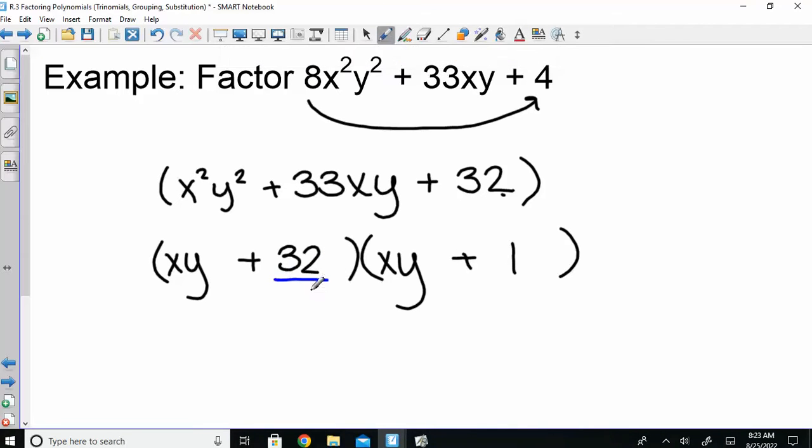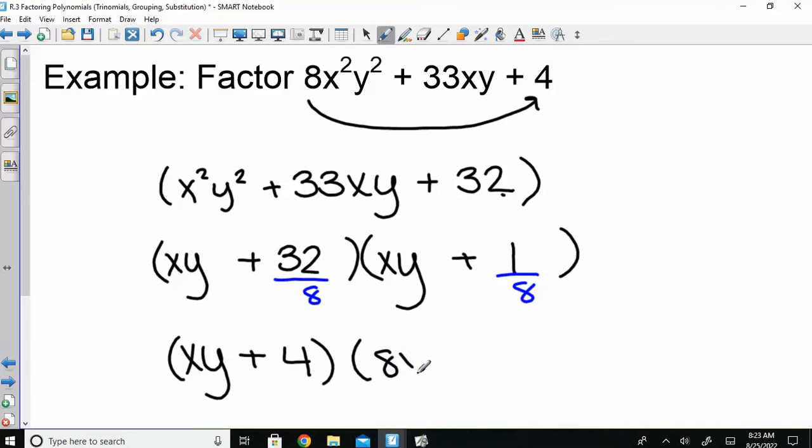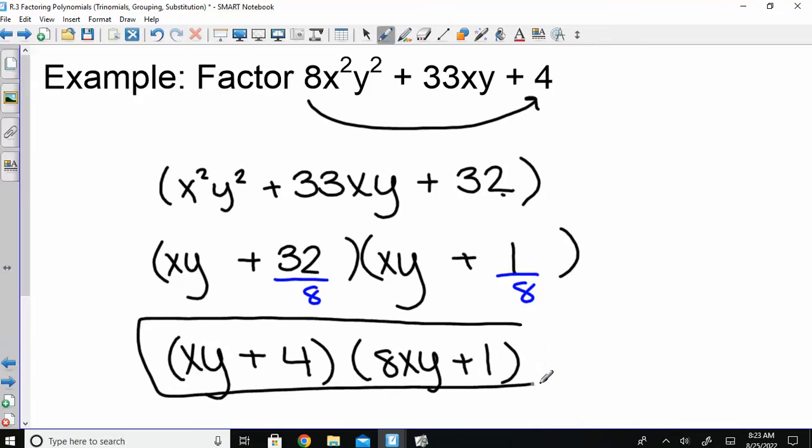Then we started out multiplying the 8, so we need to divide by 8. So 32 divided by 8 is 4. 1 over 8 doesn't reduce, so you bring that 8 up in front, so you get 8xy plus 1.